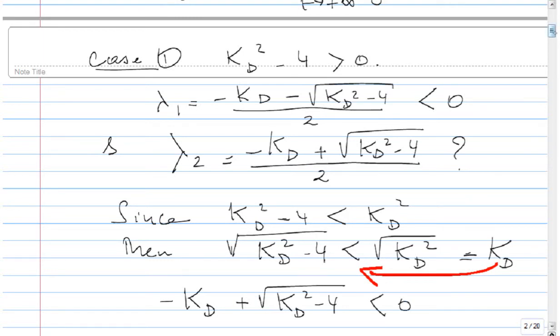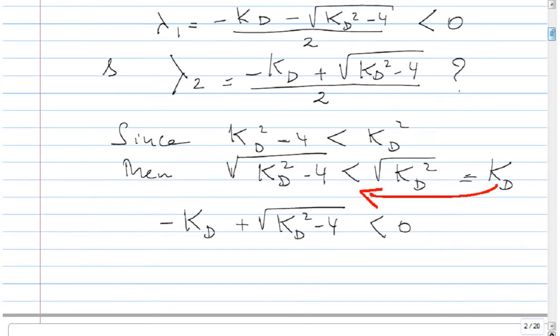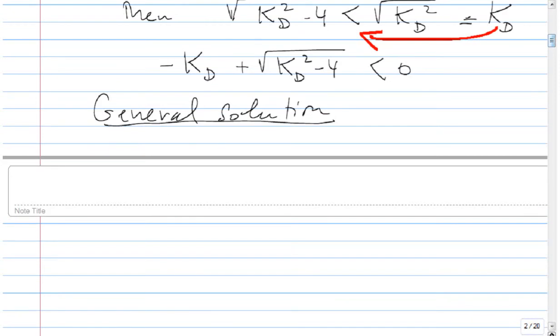So both of them are negative, and we know in this case that the general solution is given by y equal c1 e to the lambda 1 t plus c2 e to the lambda 2 t.